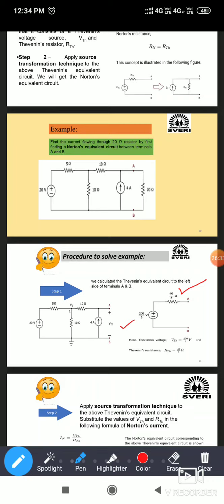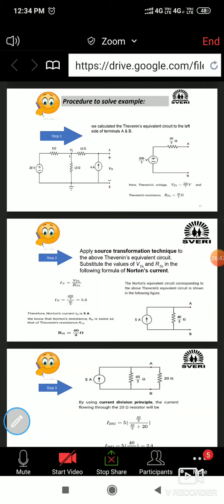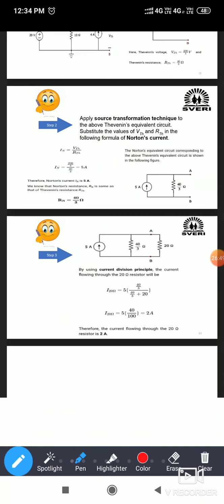So once you know the Thevenin's equivalent circuit, this is the Thevenin's equivalent circuit, you can easily convert into Norton's equivalent circuit by using the source transformation technique. Okay. Now I will show that in the next slide. Now here, if you are carefully observing, IN value we can find out, that is IN is equal to VTH divided by RTH.